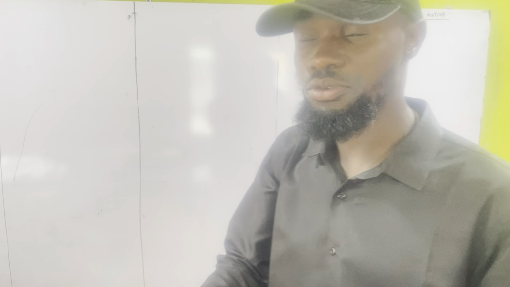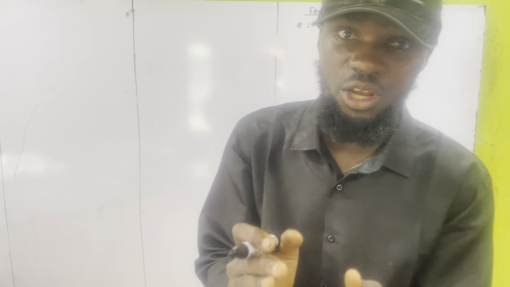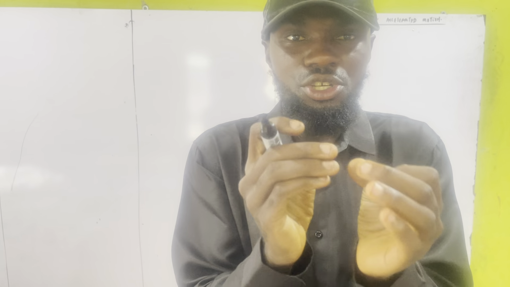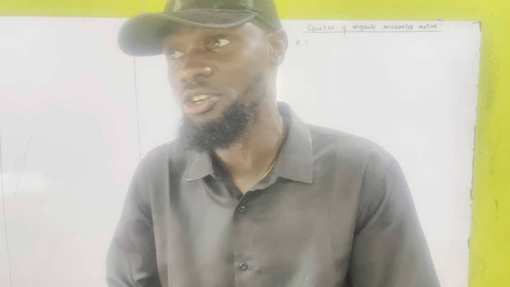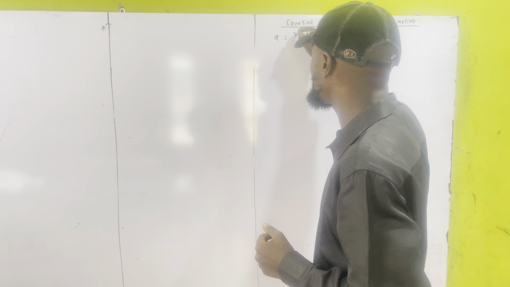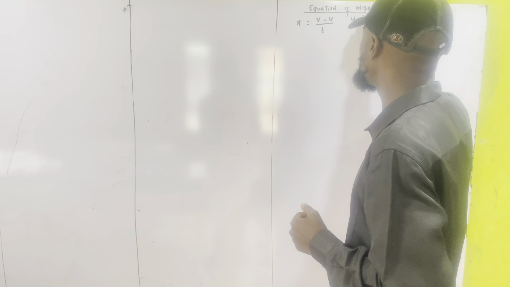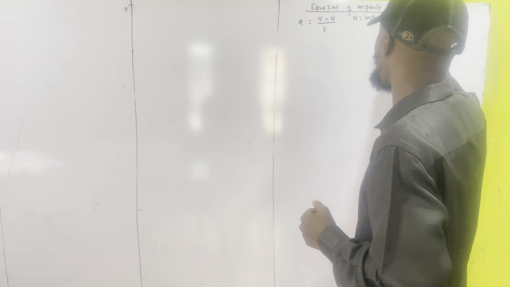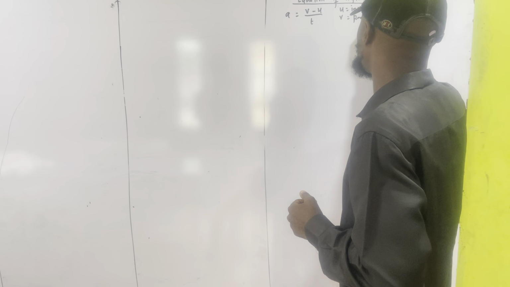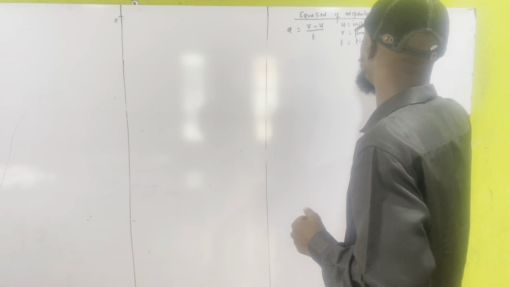Acceleration is the rate of increase in velocity, the change in velocity per unit time. When you have an initial velocity u and a final velocity v, the change in velocity, taking into consideration the time it takes to change, is the acceleration. So mathematically a equals v minus u divided by t, where u is our initial velocity, v is our final velocity, and t is the time taken.